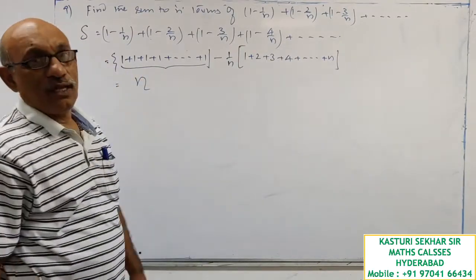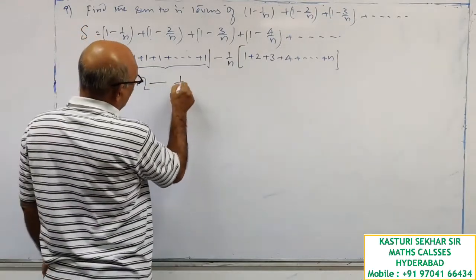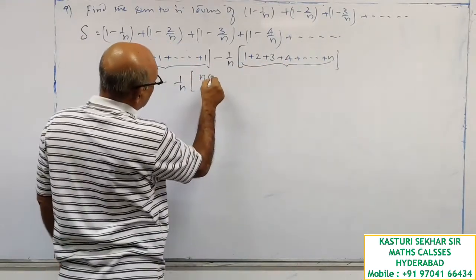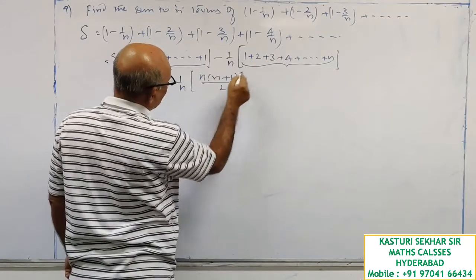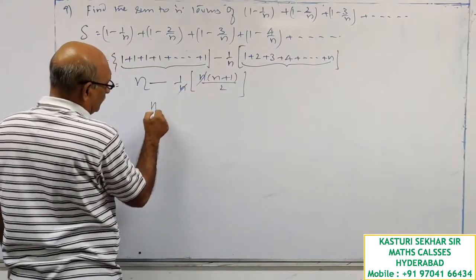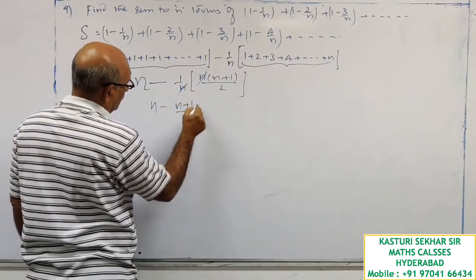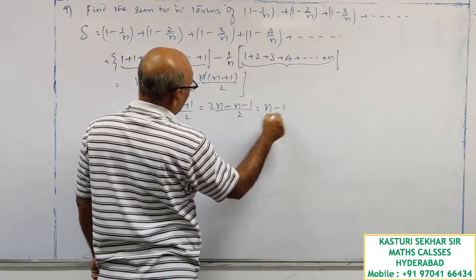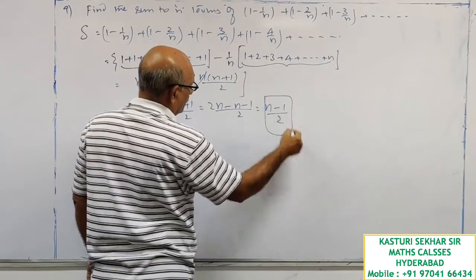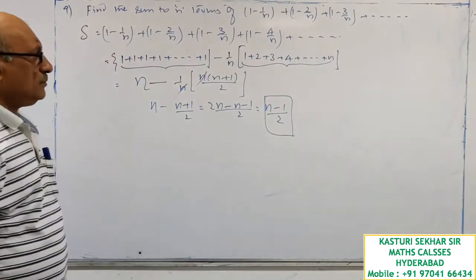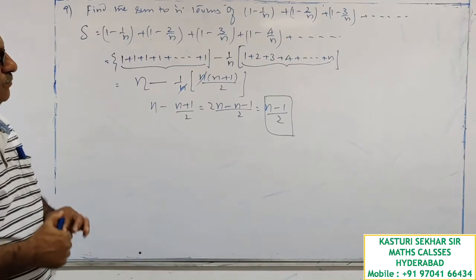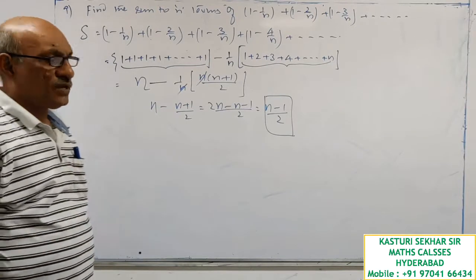So n minus 1 by n into n into n plus 1 by 2, this is a standard result, sum of first n natural numbers. n cancels. 2n minus n minus 1 by 2, this is n minus 1 by 2. This is the answer.